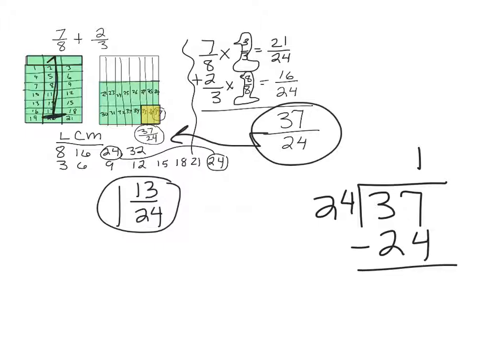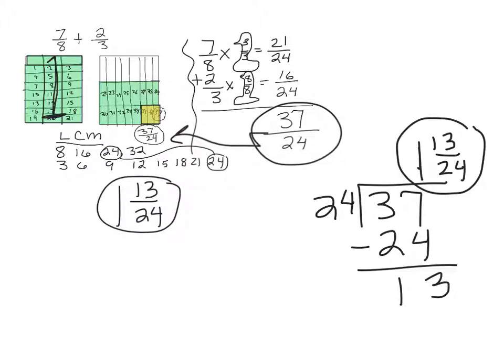And when I subtract, I get 7 minus 4 is going to give me 3. And then 3 minus 2 is going to give me 1. And that becomes my remainder, which I put over the divisor, the 24. So it's 1 and 13/24, right? And here, as you see, 1 and 13/24 is the same as what we got for our illustration there. And that, my friends, is very cool.